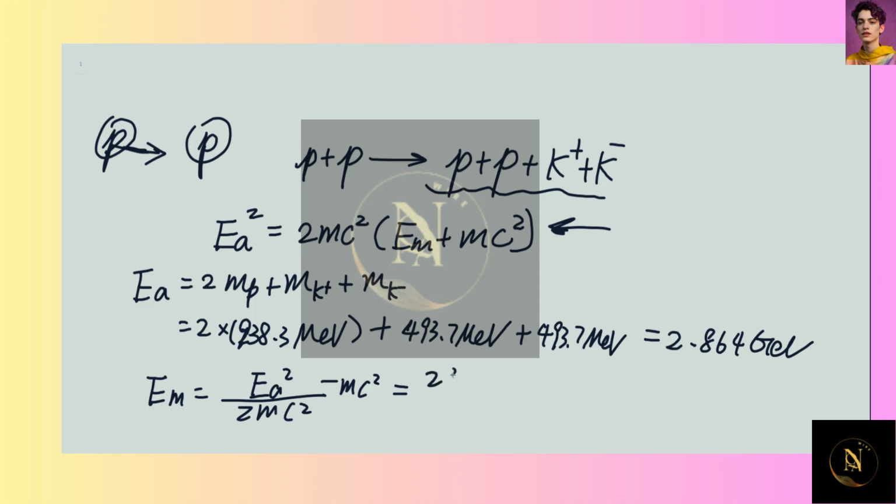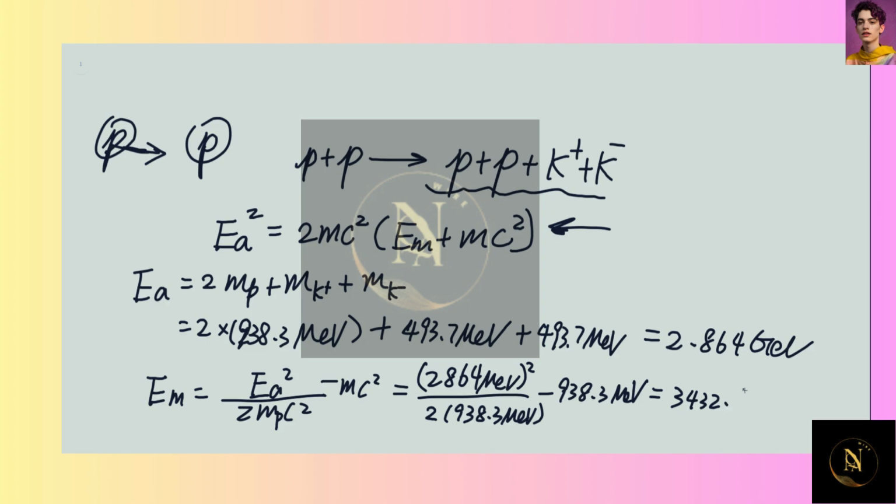So this will be 3864 MeV squared over 2 times the proton's m c squared, which is 938.3 MeV, minus another 938.3 MeV. This is 3432.6 MeV. So this is the total energy of the proton when the two protons collide with each other.